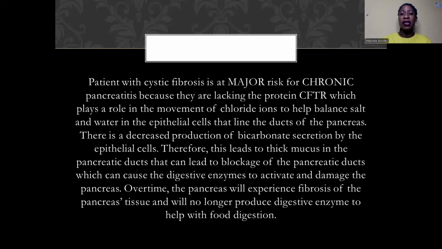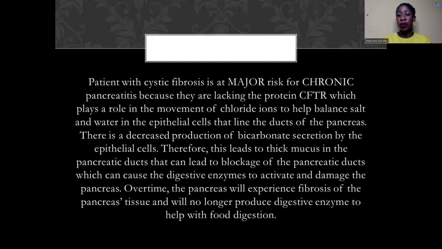So immediately we have this problem, there is decreased production of bicarbonate secretion by the epithelial cells. And once there is no production of bicarbonate and fluid, what will happen? Definitely it will lead to thick mucus in the pancreatic duct. There will be excessively thick mucus within the pancreas. And once this mucus is present, there will be blockage of the pancreatic duct, which can cause digestive enzymes to activate.